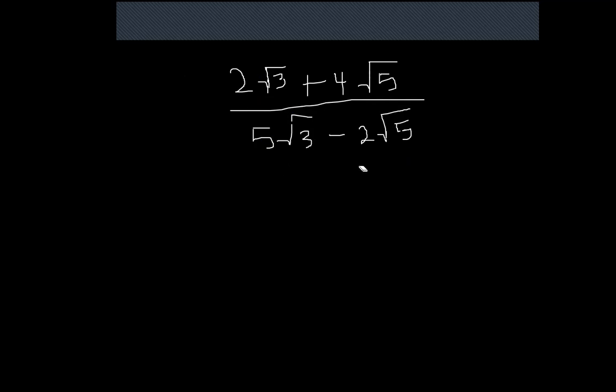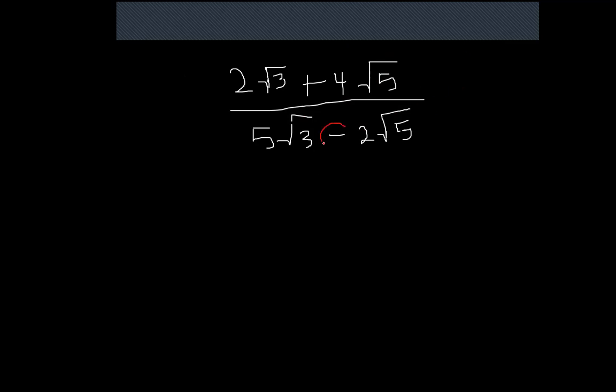So if the expression is 5 root 3 minus 2 root 5, can anybody tell me what the conjugate would be? Anybody? It would be 5 root 3 plus 2 root 5. Exactly.